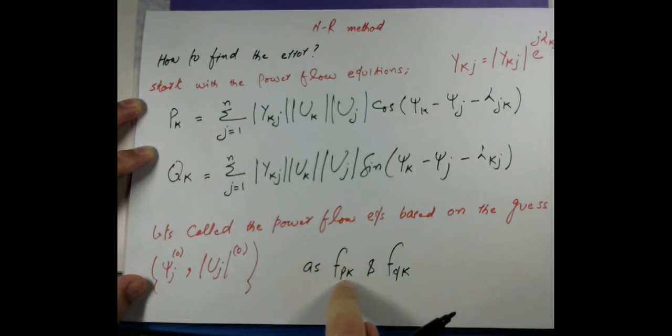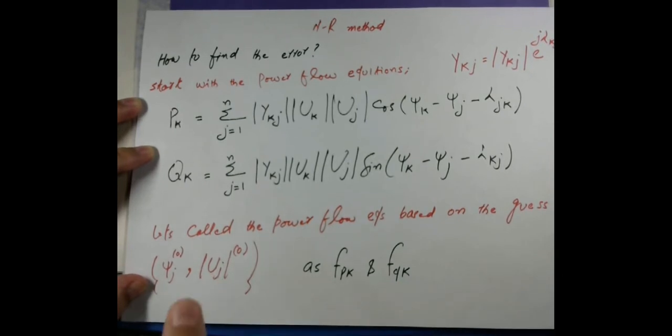So we represent them by FPK, where P is for the active power at any bus K, and similarly this is the reactive power expression based on the guess. So we represent them with FQK, and Q is the reactive power at any bus K. So let's now write the expression for FPK and FQK based on the guess.